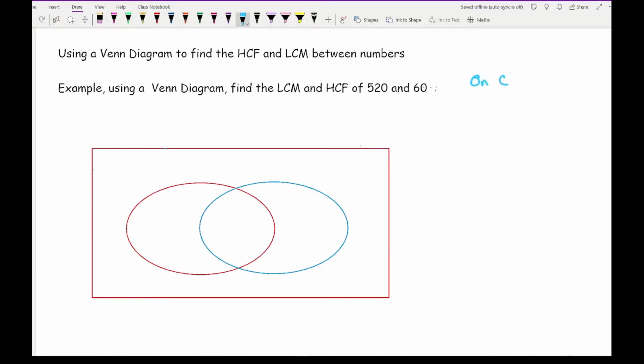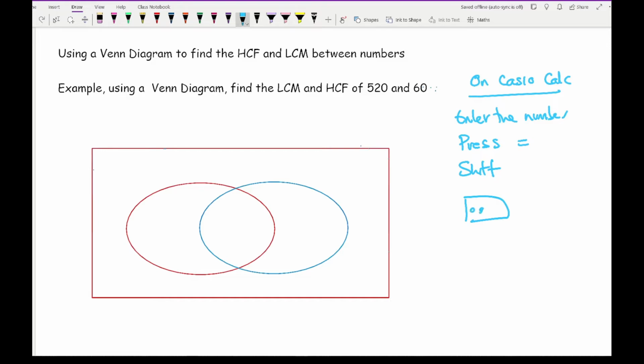Now, on the Casio calculator, and if your calculator does do this, all you need to do is enter the number, press equals, then press shift, and then just underneath the square root button, there should be a button that looks like this, and above it should say fact. Now if you follow these 4 steps, then it will allow you to convert each of the numbers as a product of their primes.